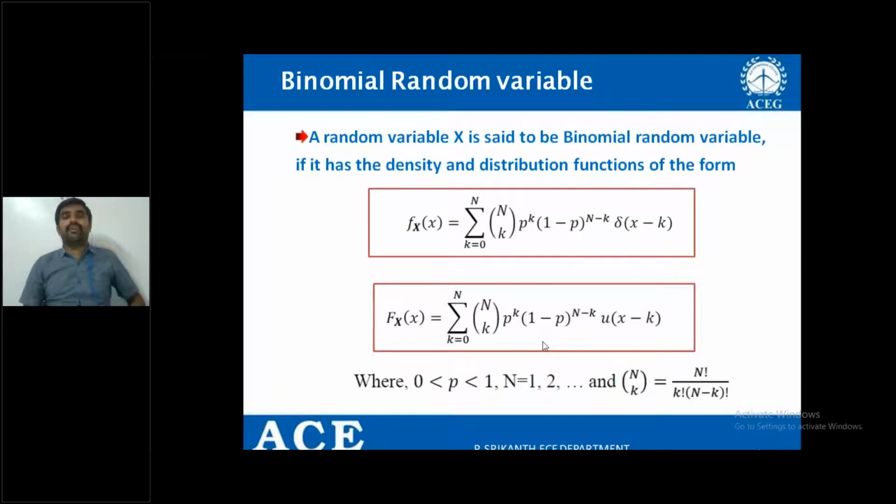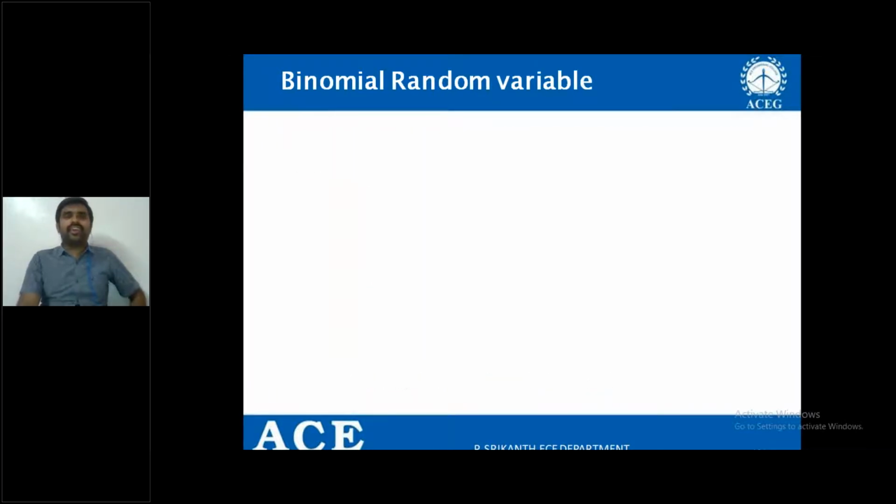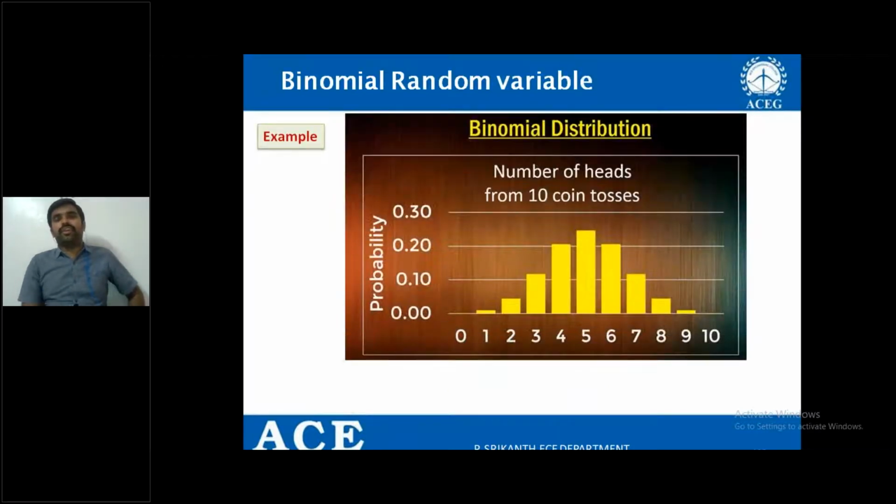And what is p here? p always lies between 0 and 1, and the capital N value depends on the number of trials in the experiment, 1, 2, and so on, right? You all know that nCk, the combination value, is n factorial by k factorial into (n minus k) factorial.